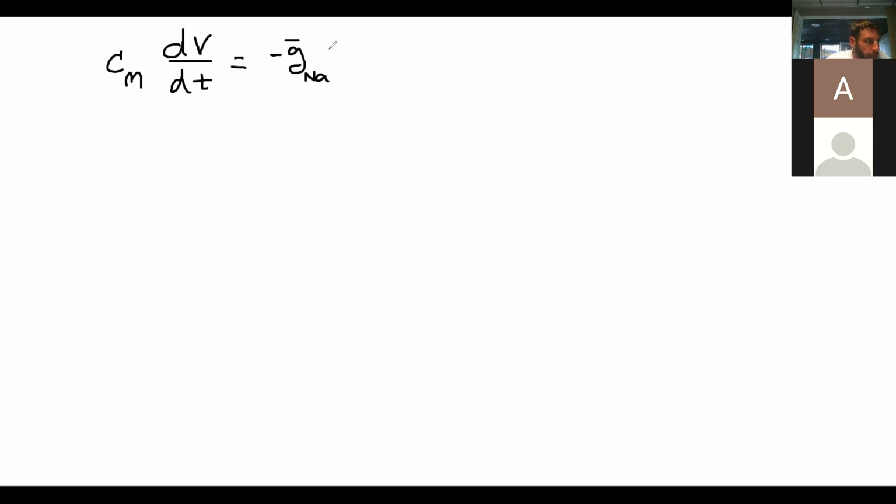And then we're going to write m cubed times h. And this h is a function. So what are we inputting into it? We're inputting into it V. So this is a scary creature, as you can imagine.